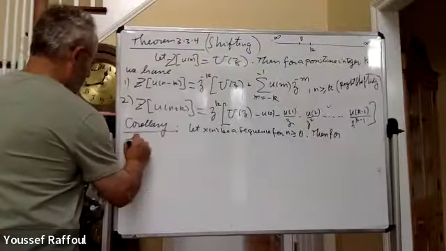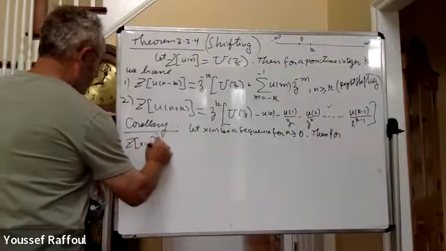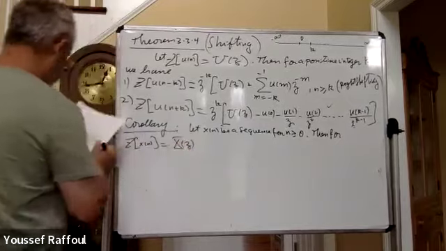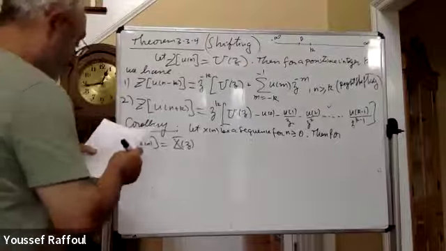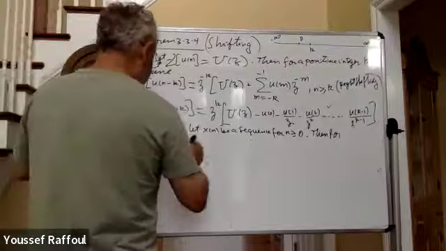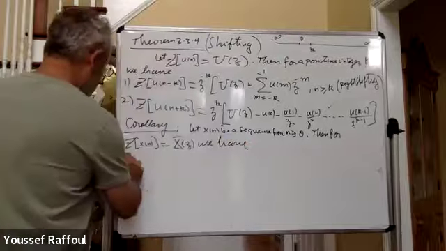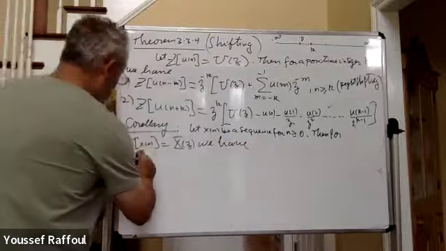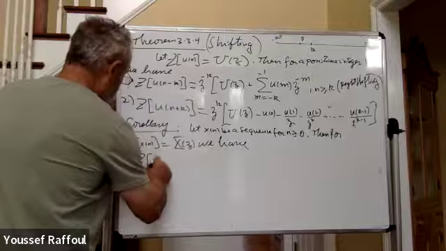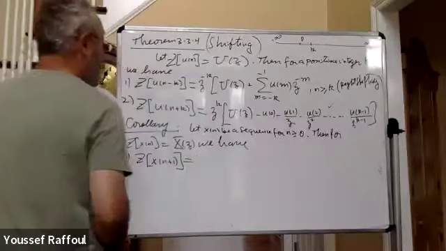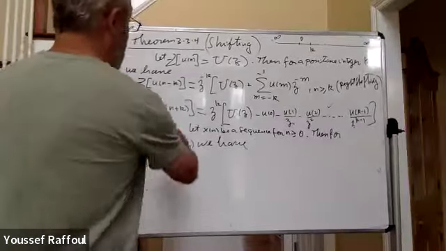Then for Z(x_n) equal X(z), we have Z of x_{n+1}.